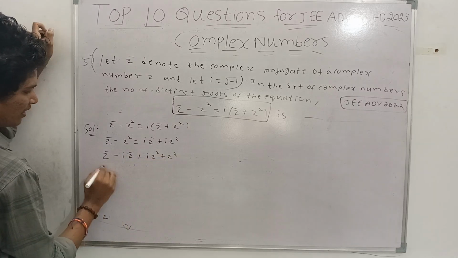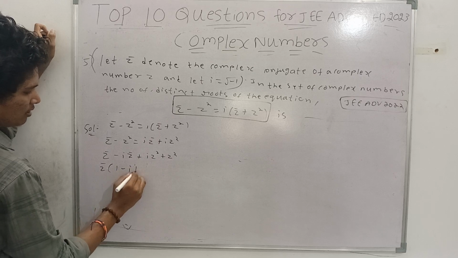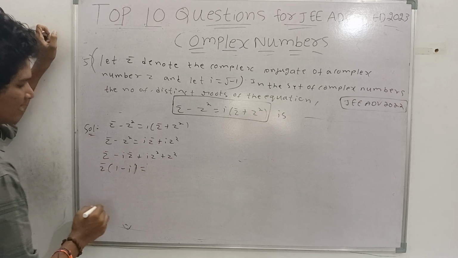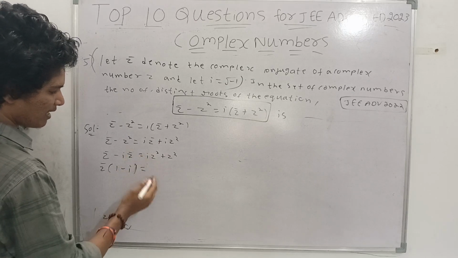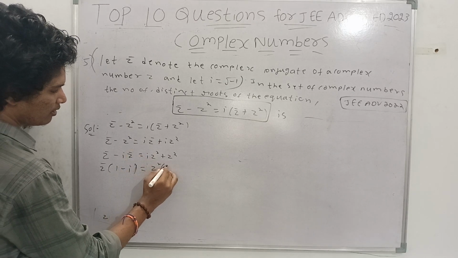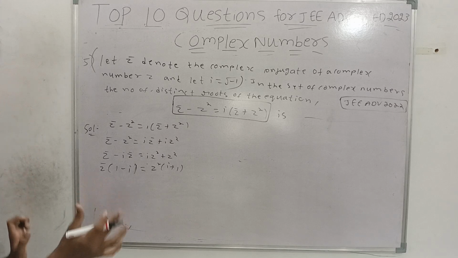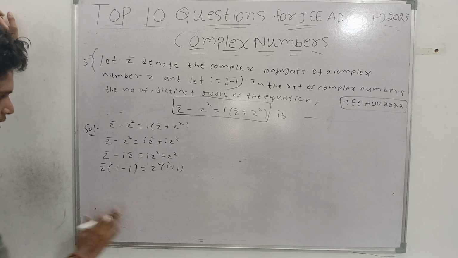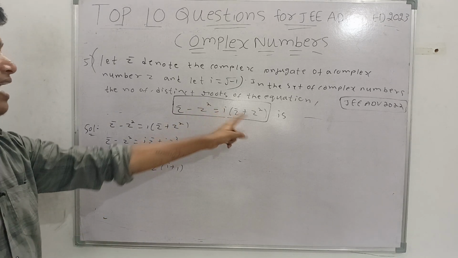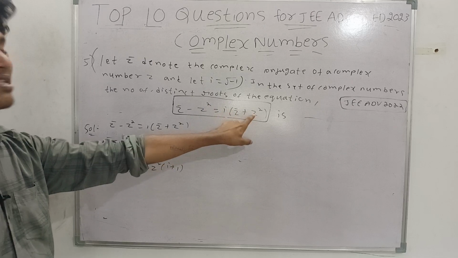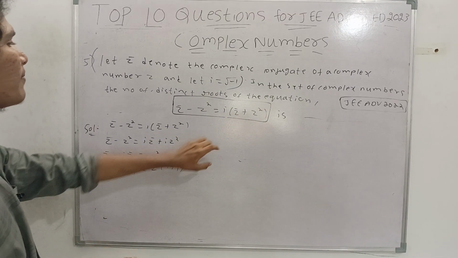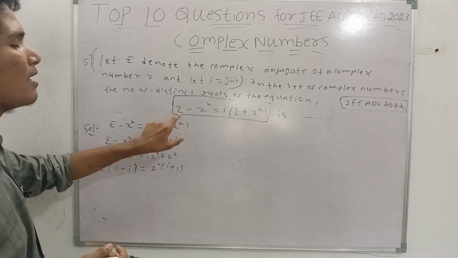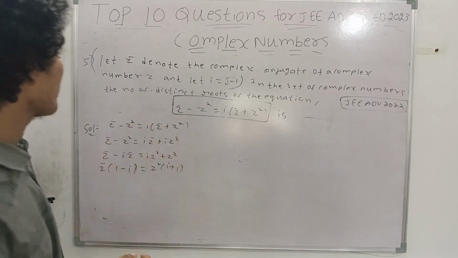If I take z bar common, z bar into 1 minus i equal to, and if you take z square common, z square into i plus 1. Up to now you understand, I just multiplied i to both sides, and then shuffled things, so that z bar comes on one side and z square on the other side.